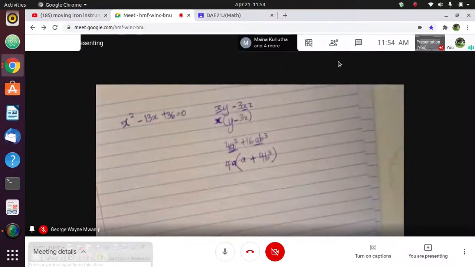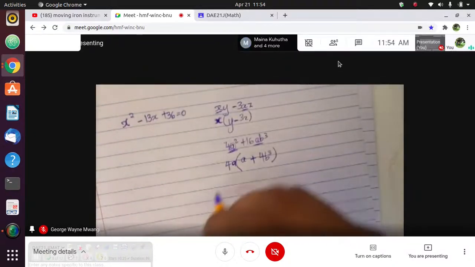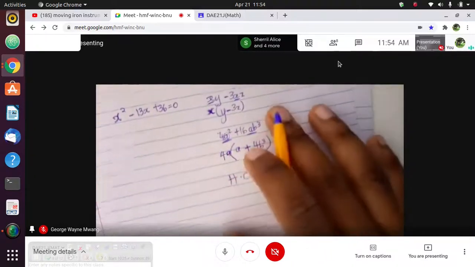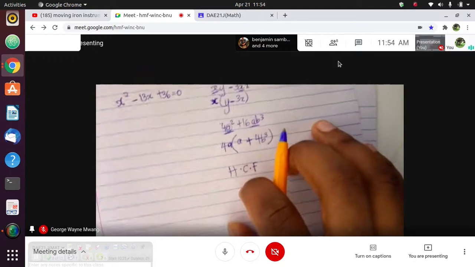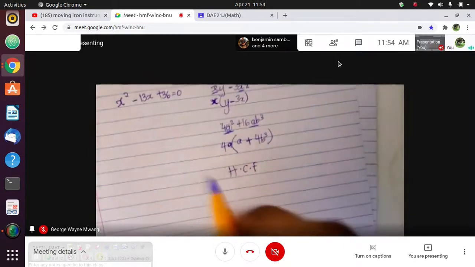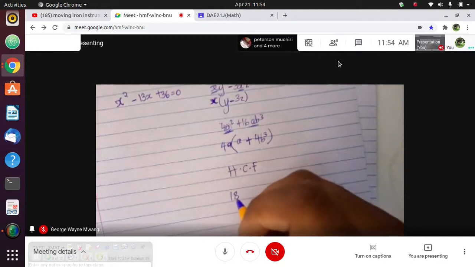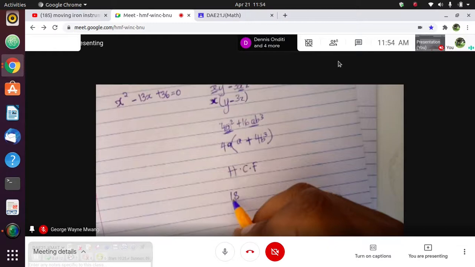Eh? We are looking at an expression and we look at, tunaangalia in that expression, what is the highest common factor, ama the highest common multiple. I remember explaining that the highest common multiple, kwa mfano, we have been given the number 18, and you have been given the number, mfano kama ngapi? 9. No, that's common.